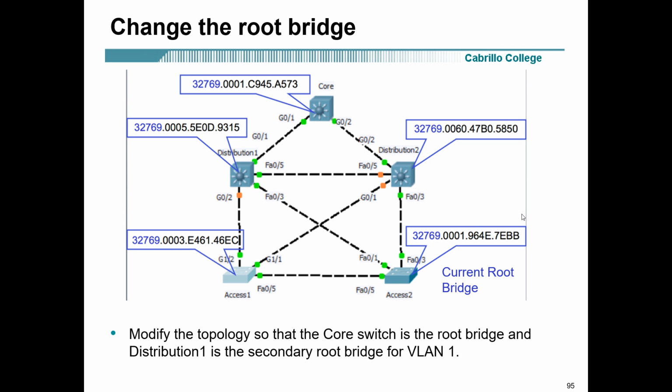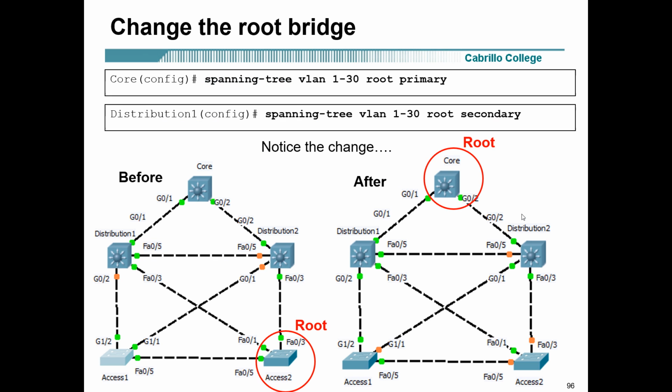So, changing the root bridge. If we modify the topology so that the core switch is the root bridge and distribution 1 is the secondary root bridge for VLAN 1, we'd be changing it from the access over to the core. So we'd issue the spanning tree VLAN 1 through 30 root primary.